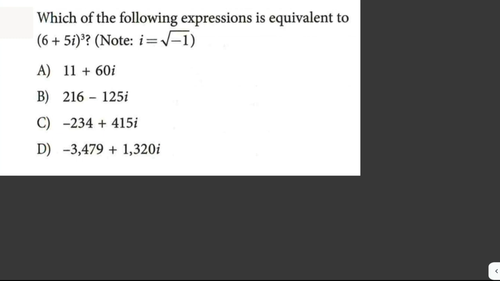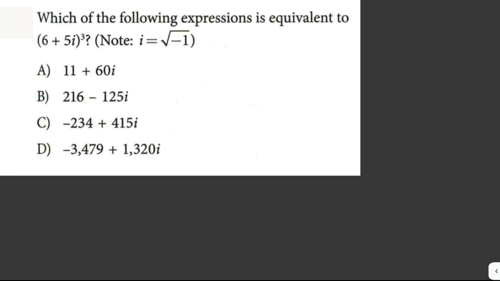Now, to solve this problem, we're given a complex number raised to the power of 3, or our exponent is equivalent to 3. We can either use the calculator, you can just simply plug in (6 + 5i)³ there, or you can solve this by hand by expanding this, multiplying it all out.